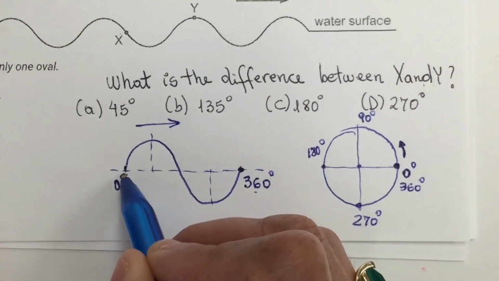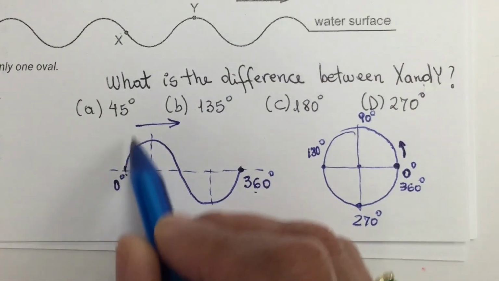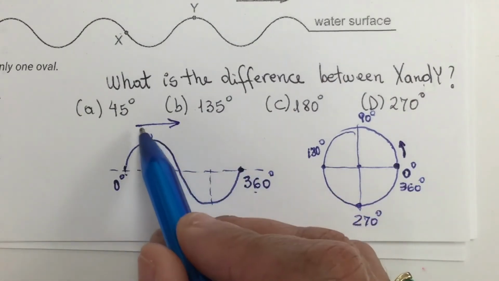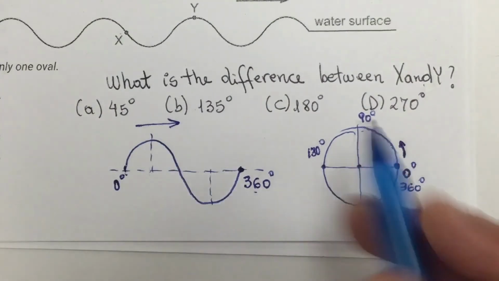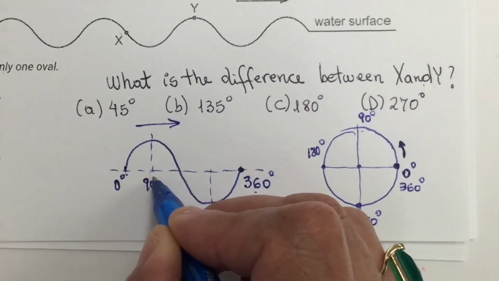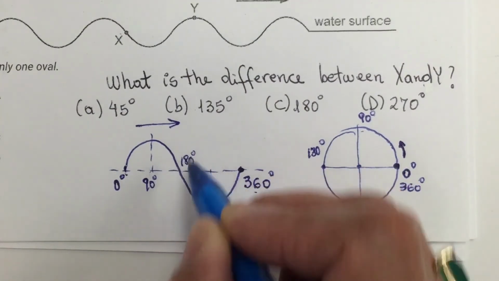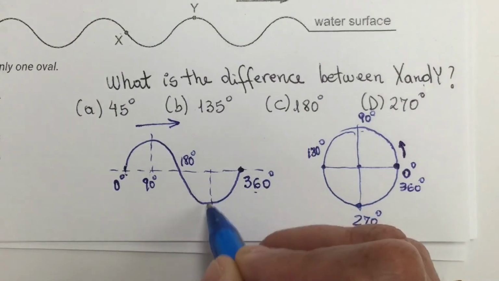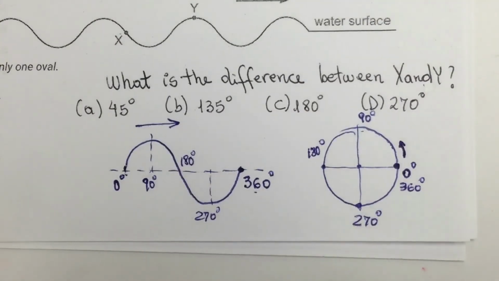So now we have 0 here, and 1/4 passes by, because we can separate this wave into 4 quarters: 1, 2, 3, 4. 1/4 passes by, now we are here at 90. Now half passes by, we are here at 180. 3/4 passes by, we are right here, 270, and this is 360.